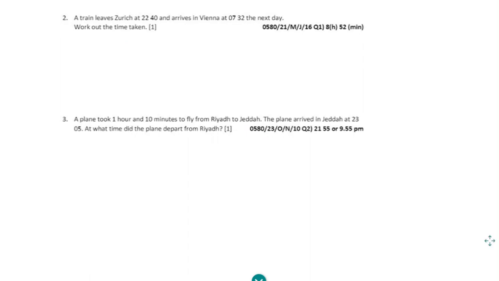Okay. Question number 2. A train leaves Zurich at 22:40 and arrives in Vienna at 07:32 the next day. Work out the time taken. So difference between the two times. The next day, which means first we need to add 24 hours to this time.